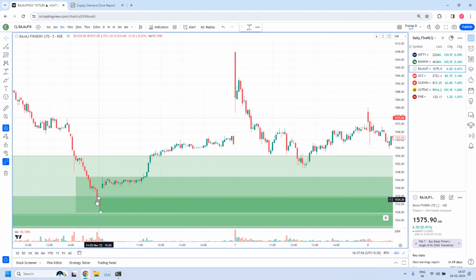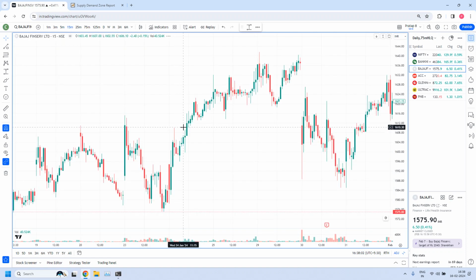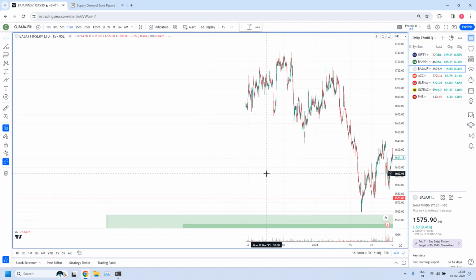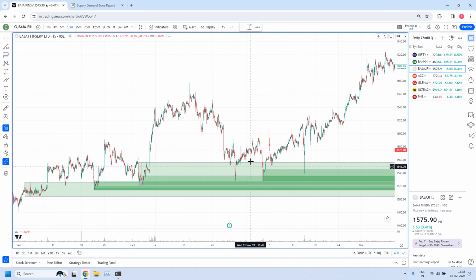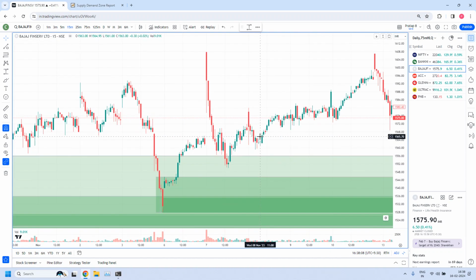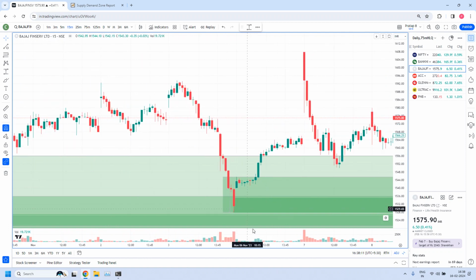So we have 2 base candles and a rally candle. Sorry, this is 5 minutes. Let me look into 15 minutes. Yeah, 15 minutes is not clear. We have a drop, base, drop, and then a rally candle from here.